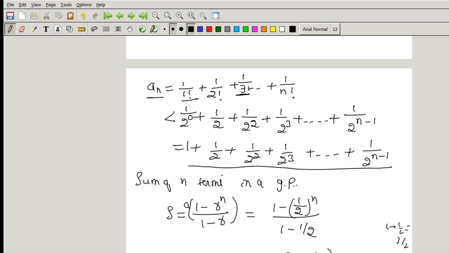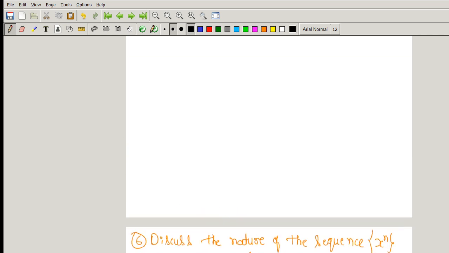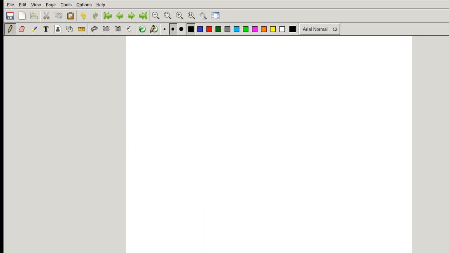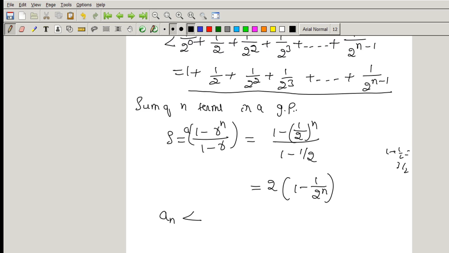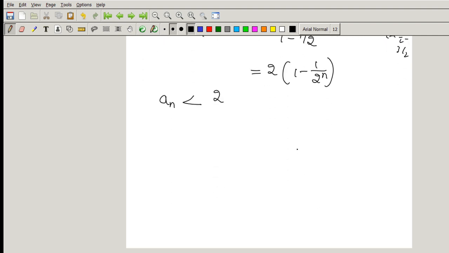This term is the general representation. an is less than 2 into, multiply this term, therefore we are left with 2 minus 1 by 2 power n minus 1.